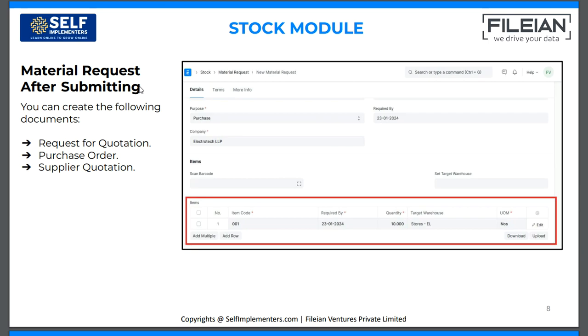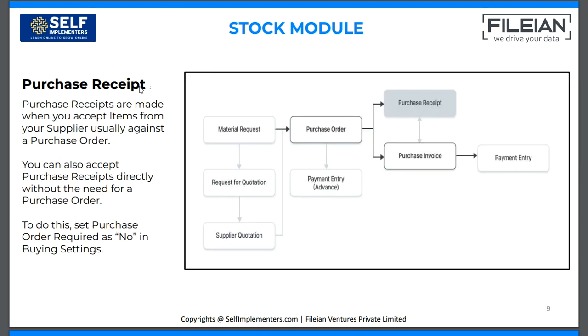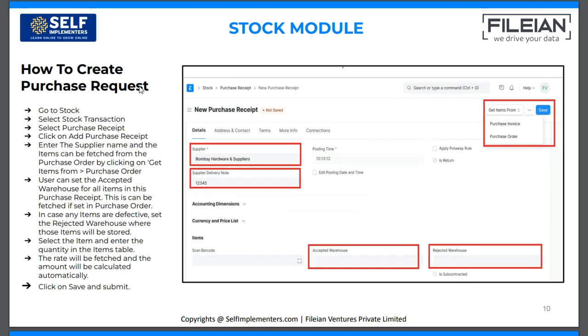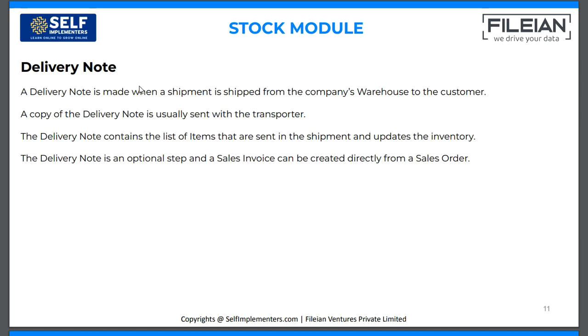Obviously that supplier would be the lowest in terms of prices, and we award the purchase order to that particular supplier by getting the quotation from that supplier. Then we convert the purchase order into a purchase receipt, and then we will book a purchase invoice, and again we make the payment for that supplier.